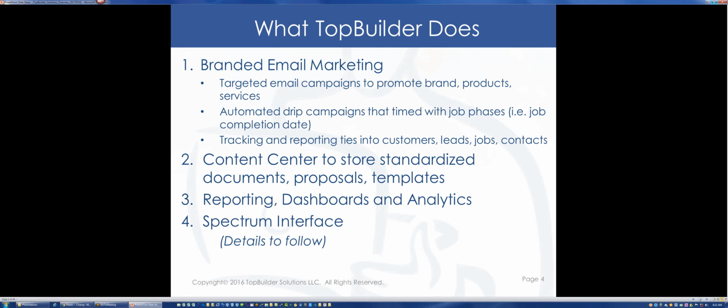We have customers that are starting new divisions. Okay, they're spinning up a new division. It may be a service division, and they just want to focus on service. So they prepared email campaigns and sent them out to everybody in their database, whether it be owners, general contractors, property managers, and they talk about their new service division.